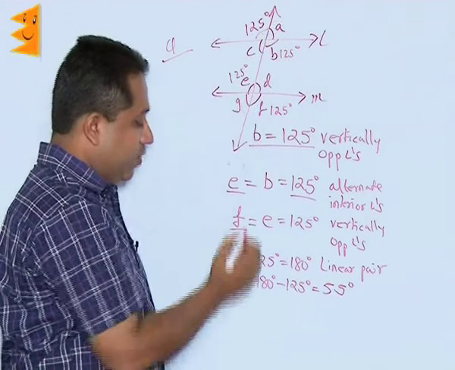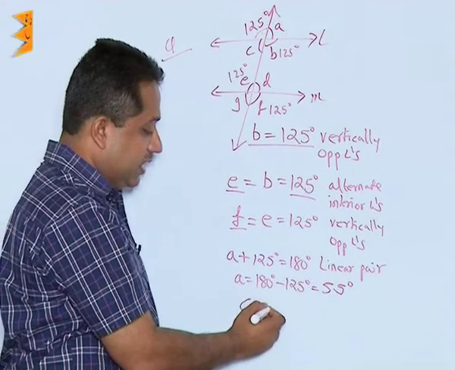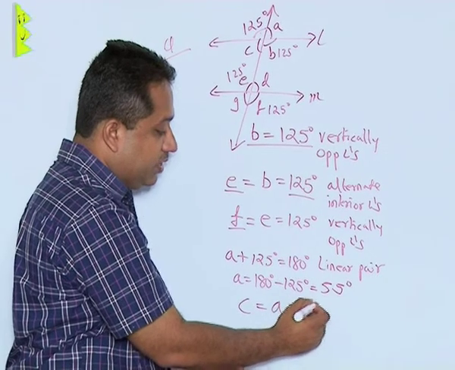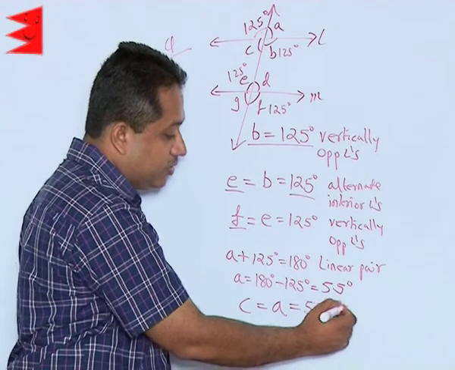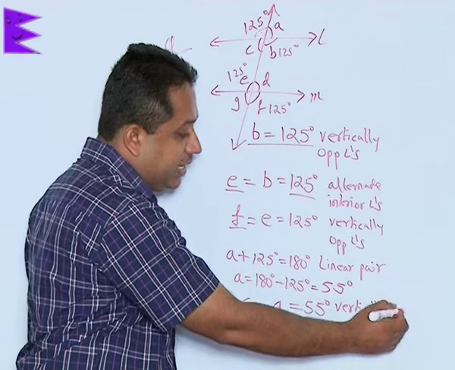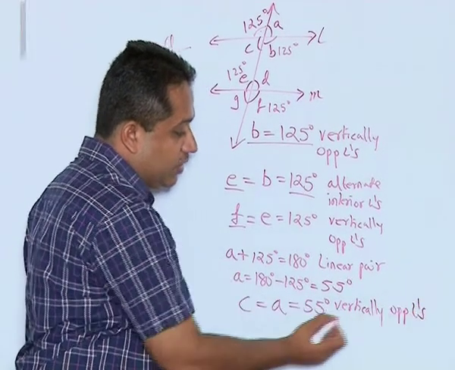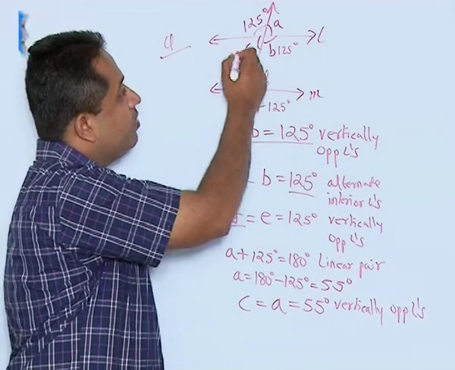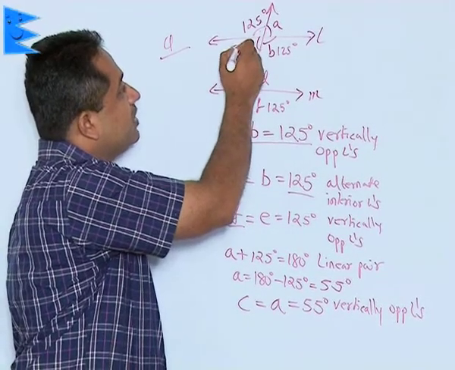So, A and C are forming vertically opposite angles. So, we can say that C and A are equal and therefore, C will also be 55. So, this is using the property of vertically opposite angles. Now, vertically opposite angles C and A are equal. We have found out C here, that is 55 degrees.